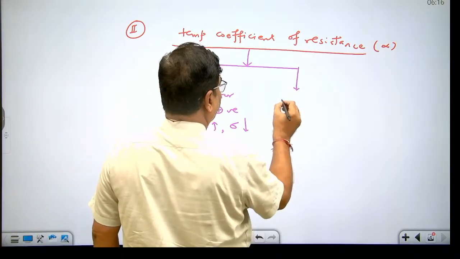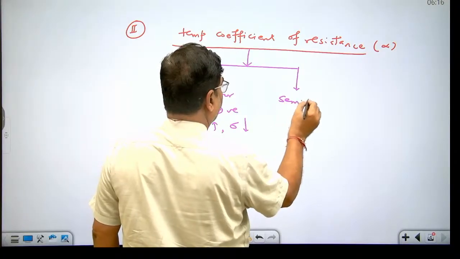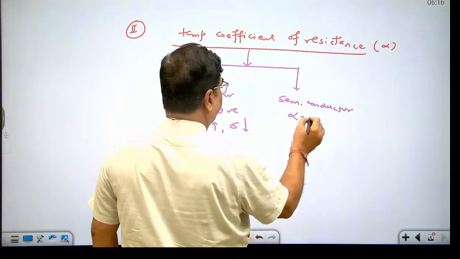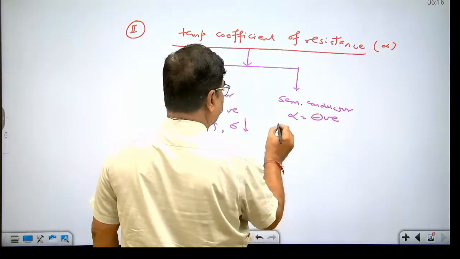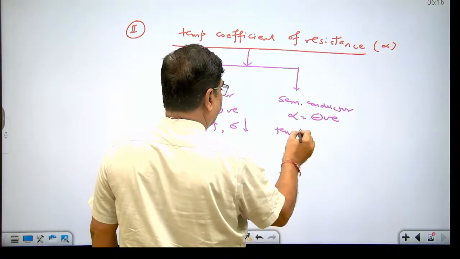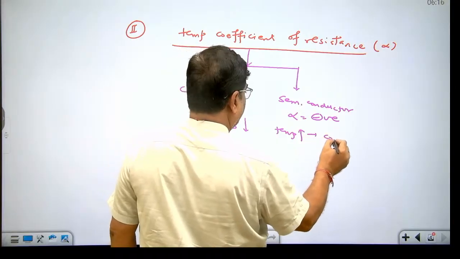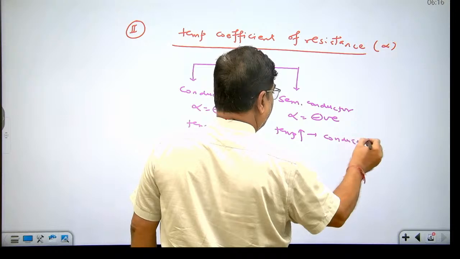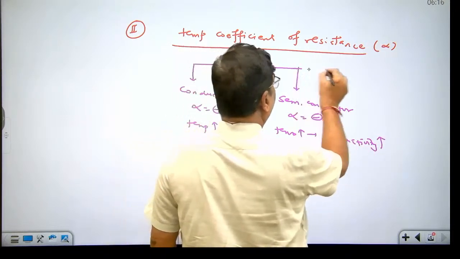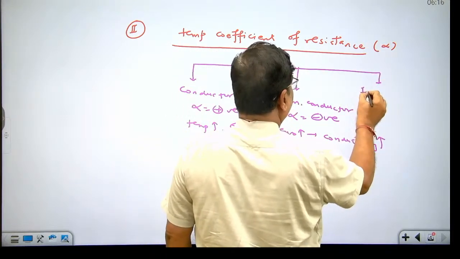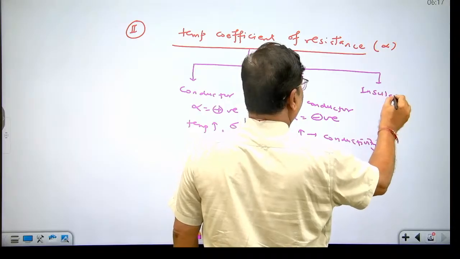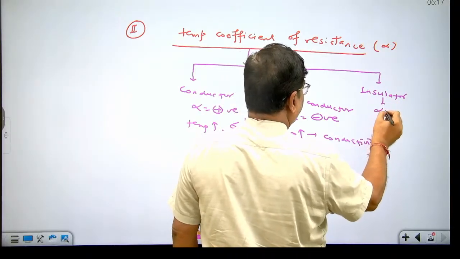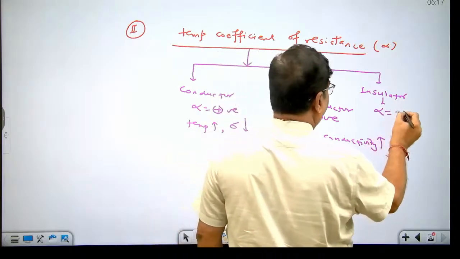And for semiconductor, the value of temperature coefficient of resistance is negative. This indicates that with the increase of temperature, its conductivity will increase. And what about insulator? Usually for insulator, we do not define because the number of free electrons is negligible. But in case someone insists to write, then alpha will be negative.